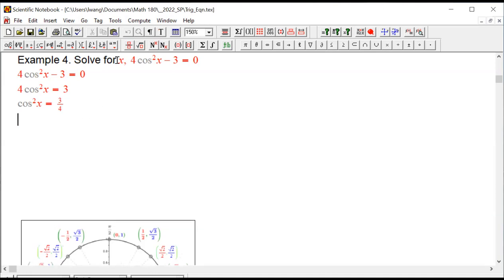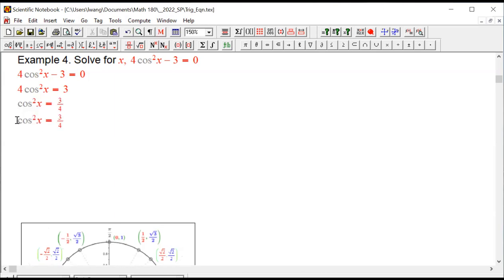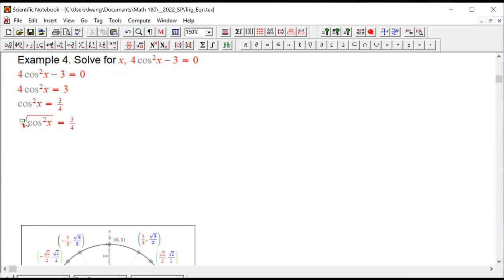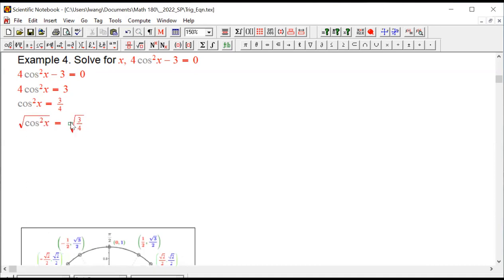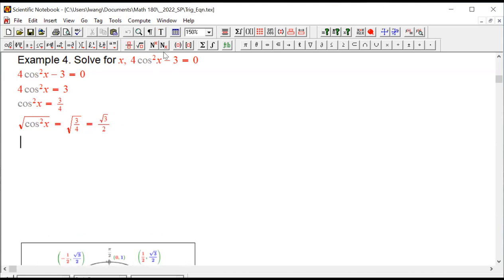And let's see what we can do here, right? We can take square root on both sides. So taking square root, the square root of 3 over 4 equals root 3 over 2. It looks like we're getting some special angles here. On the left-hand side, it's absolute value.